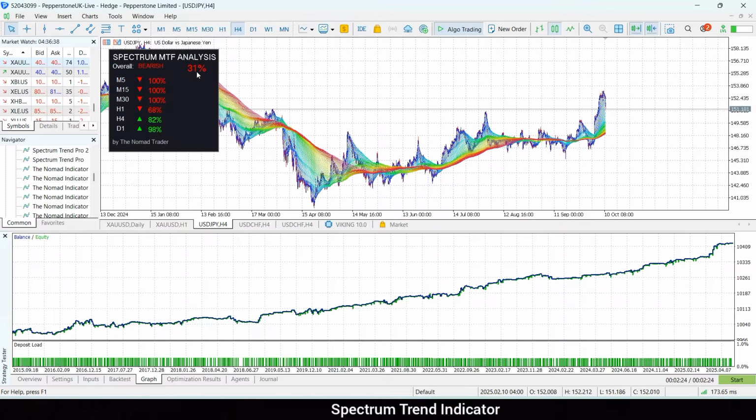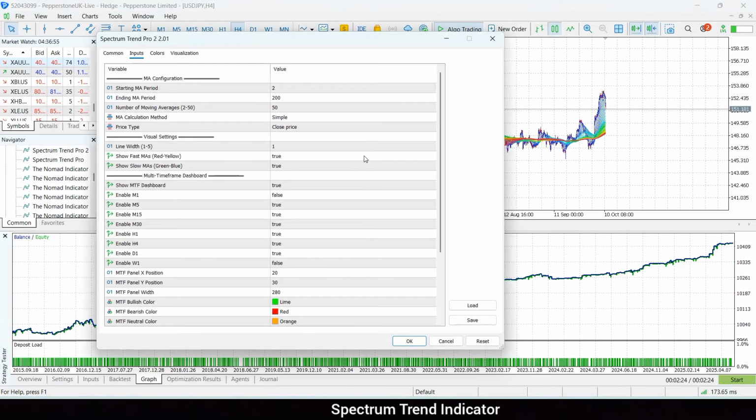This number here, after the overall bearish, is basically the overall direction of this moving average system. It is now a simple moving average system, but you can use EMA if you want.